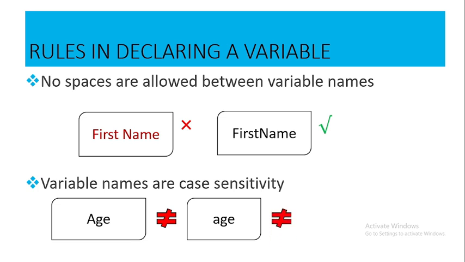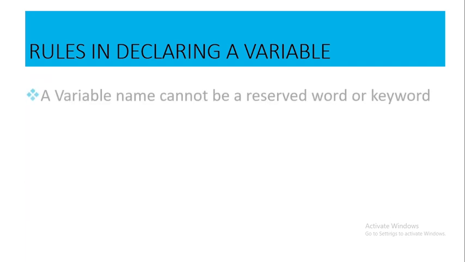The same way these two are also different from age, which has all the letters uppercase. So when we speak of variable names being case sensitive, this is what it means.